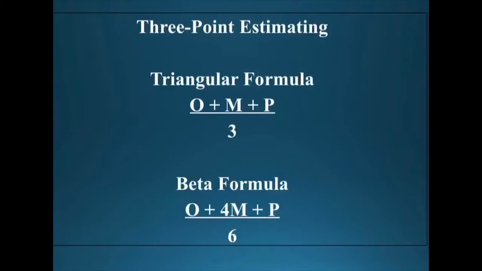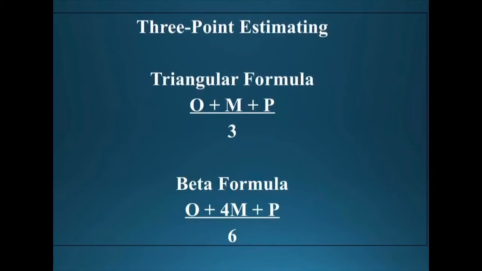That's 6 values that we have in the numerator. So our denominator, to average that out, we need to divide by 6 to get the accurate estimate. So the triangular formula is optimistic plus most likely plus pessimistic, 1 of each, divided by 3. That's the triangular formula for 3-point estimating.